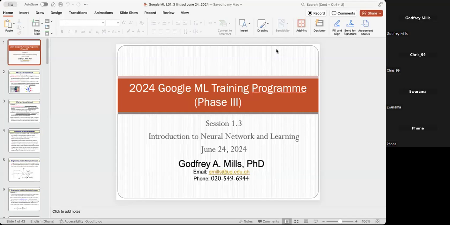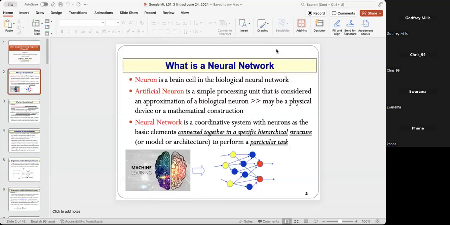So now we introduce ourselves to what we call artificial neural networks and how the human brain learns. The first fundamental unit that we have, which biomedical students can relate to more, is what we call a neuron.